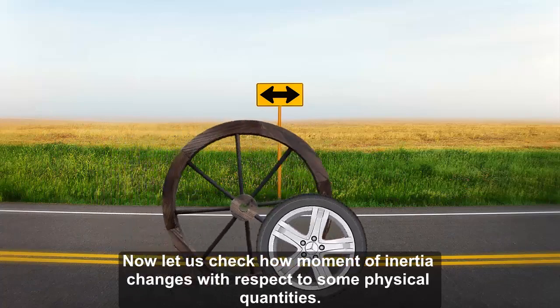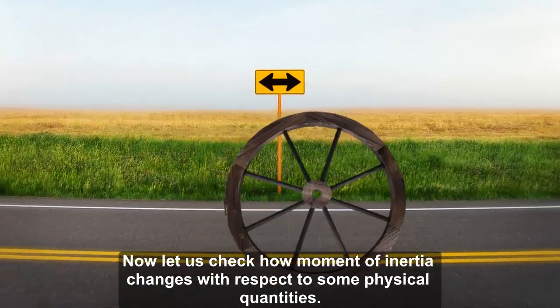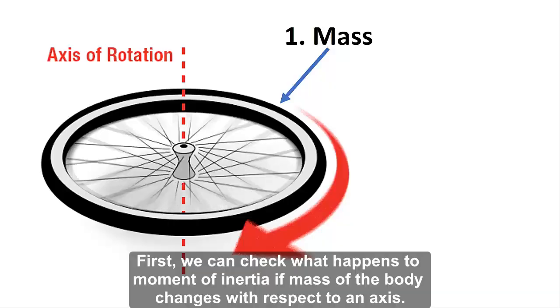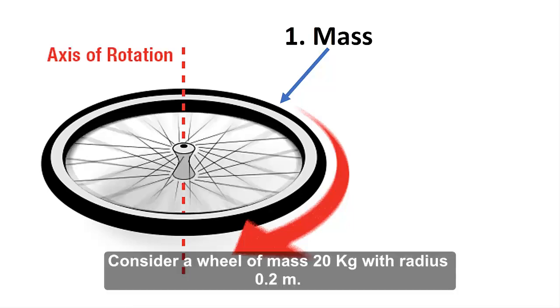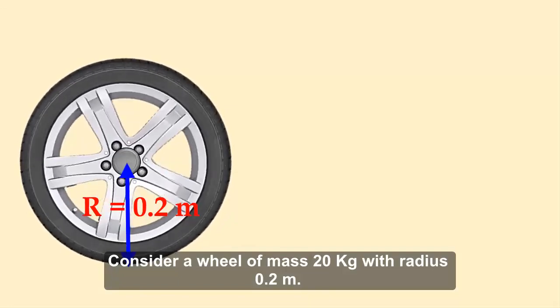Now, let us check how moment of inertia changes with respect to some physical quantities. First, we can check what happens to the moment of inertia if the mass of the body changes with respect to an axis. Consider a wheel of mass 20 kg with radius 0.2 meter.